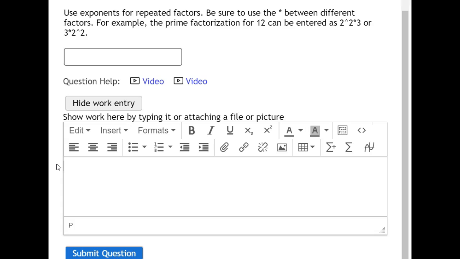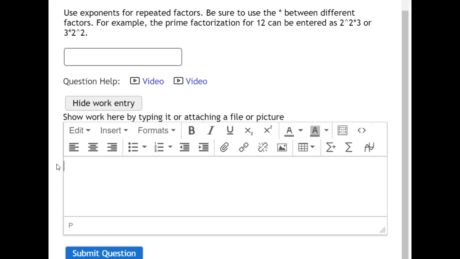If you show it differently from what might be the expected standard, that's okay. Mainly I'm just looking to see if you understand how to do the problem, if you know why you got the answer that you got. Your reasoning needs to be clear. That's all I'm looking for.